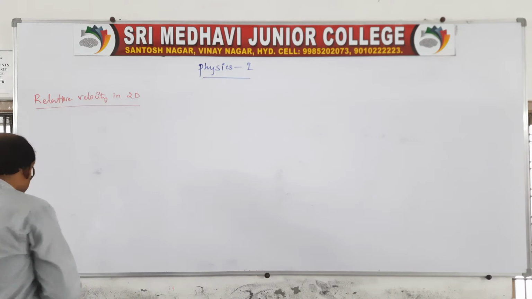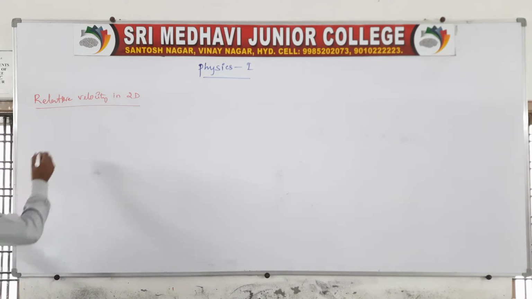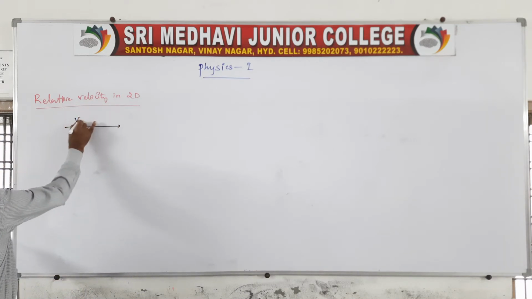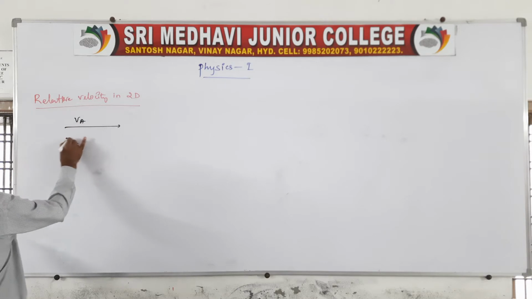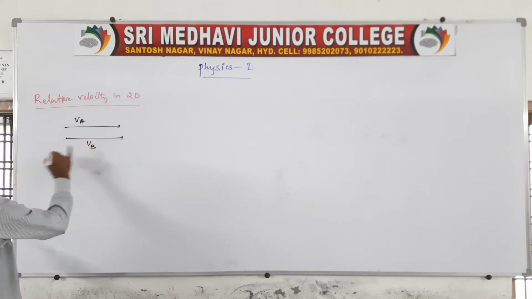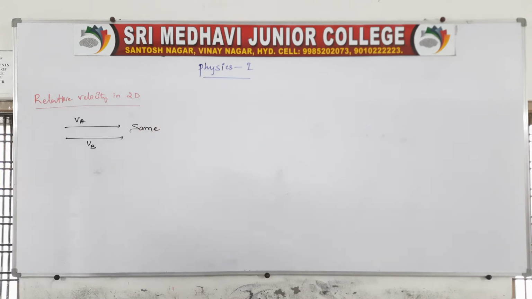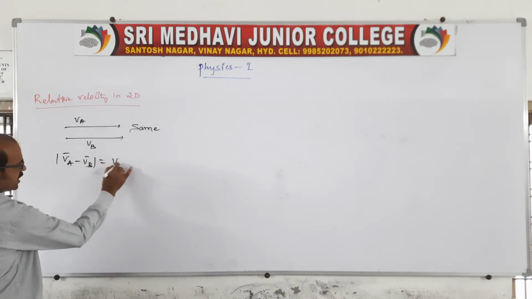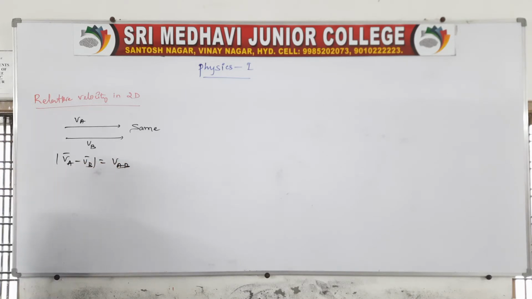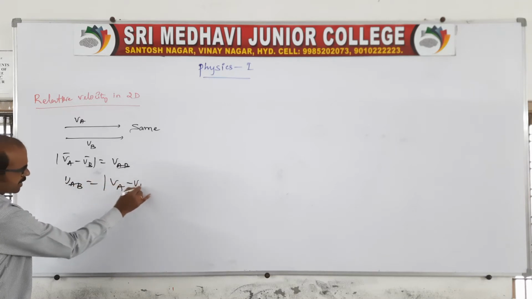Take two bodies. One body is moving with velocity VA and another body is moving with velocity VB in the same direction. In 1 dimension we discussed the same. But in the case of 2 dimensions, the relative velocity of A with respect to B we write as VA minus VB.